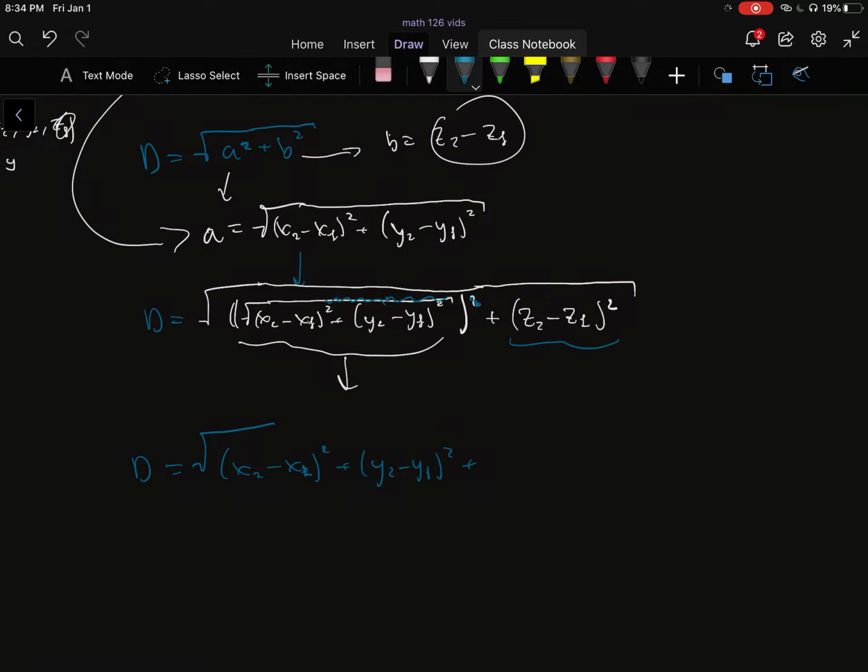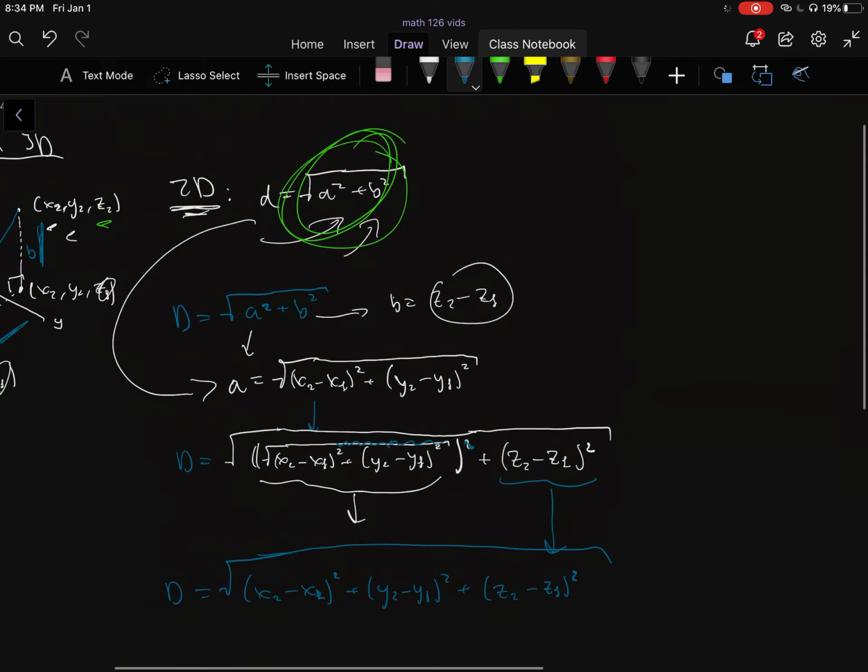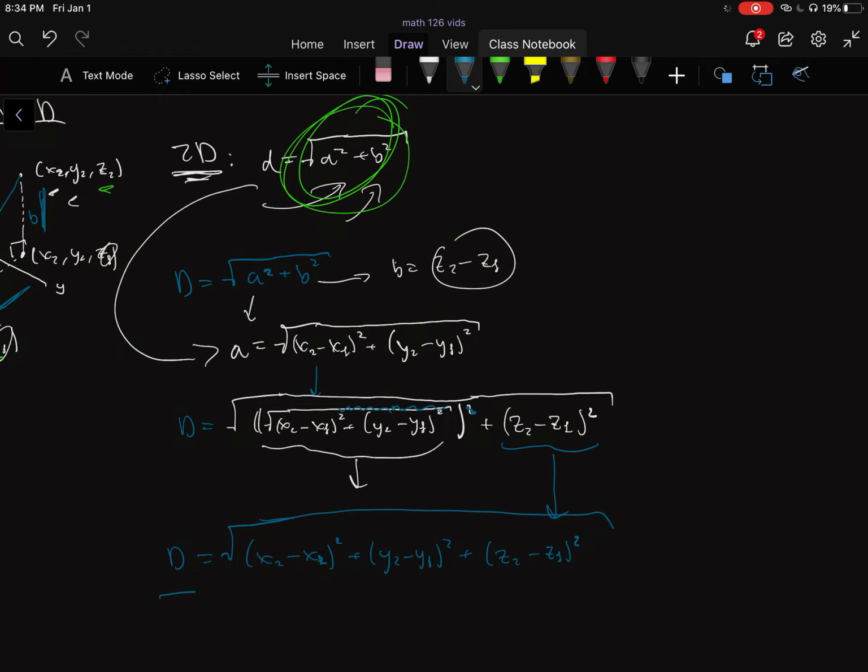And then our z doesn't change, that just drops down: z2 minus z1 squared. And boom. So check it out. This is our final 3D distance formula. It looks pretty similar to the 2D one, except we have an extra z squared term thrown in at the end.